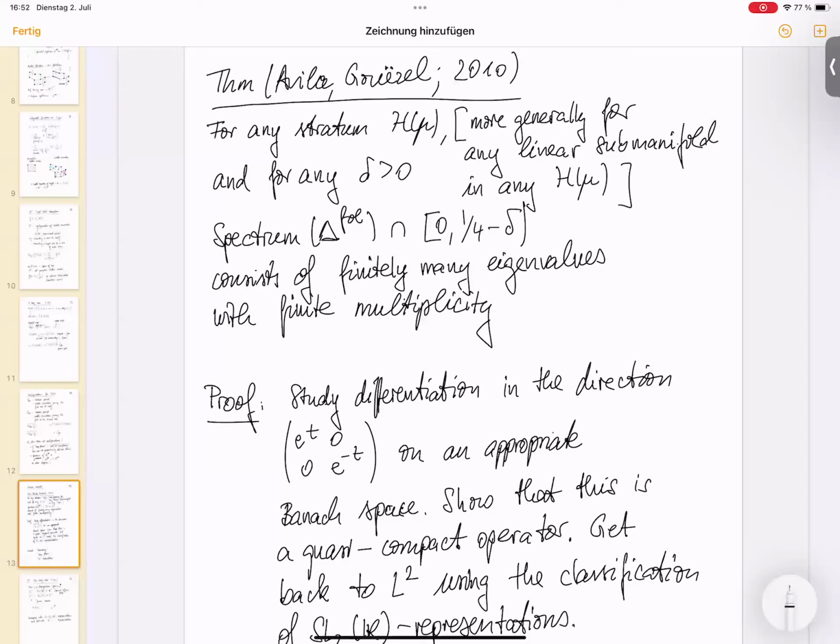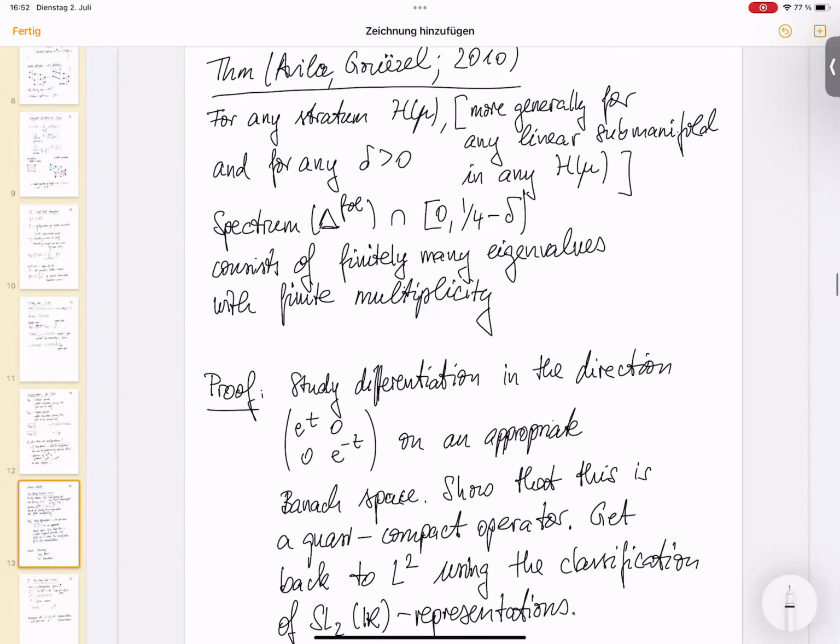because it expands. And so the trick that they use is to work on a fancy Banach space instead of the original L2 space, where this operator can be shown to be a quasi-compact operator and not compact, and so they really lose control around the quarter.